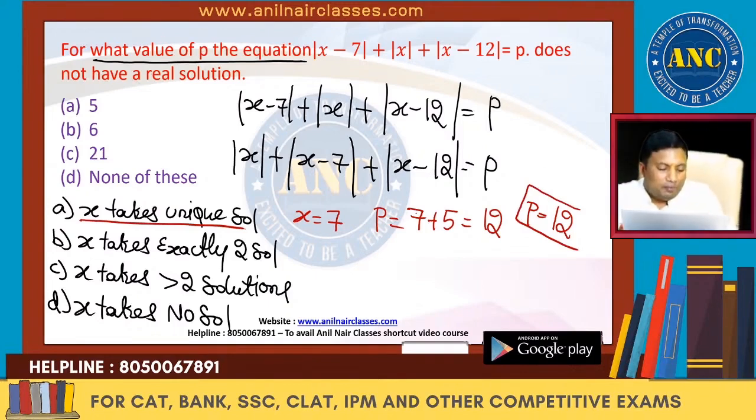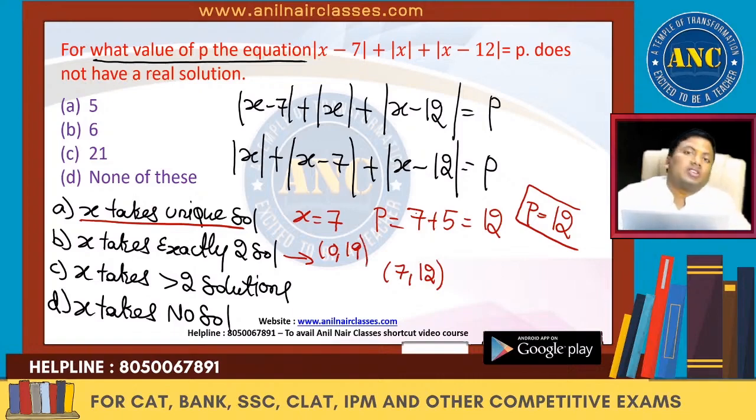Now, X takes exactly 2 solutions. For you to understand it, let me plot the graph because we are doing it with a graph, 7, 12. If X is 0, this is nothing but 0 plus 0 minus 7. Mod of minus 7 is 7. Mod of 0 minus 12 is 12.